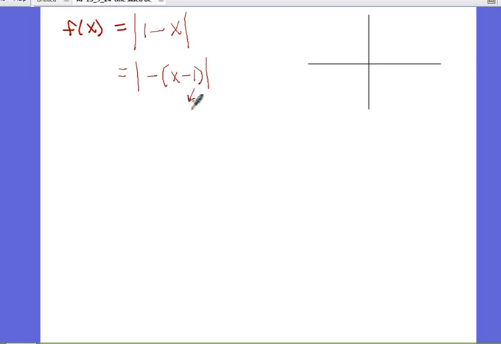This tells me we moved to the right one, but before we did that, we reflect across the y-axis. And they actually do go in order. So we would reflect across the y-axis first, and then we would move to the right one. So really what we look like essentially is this guy.